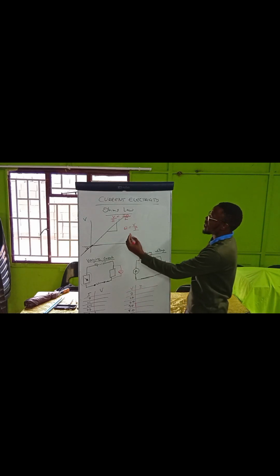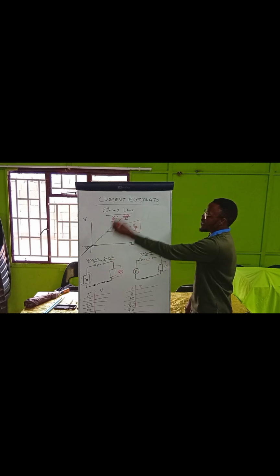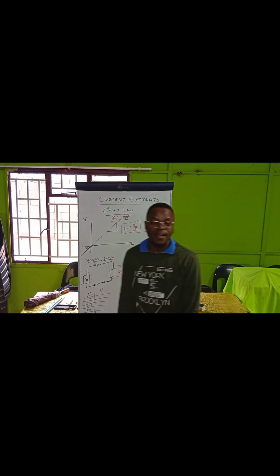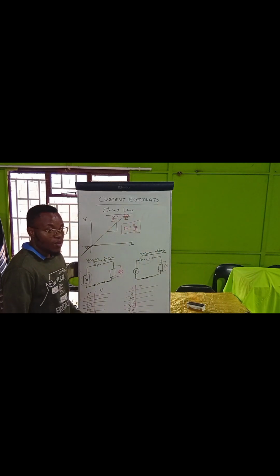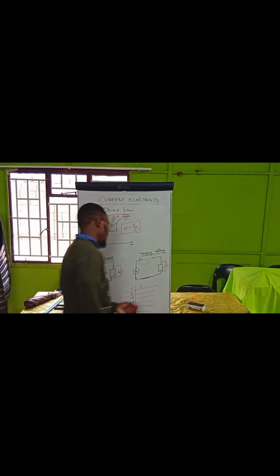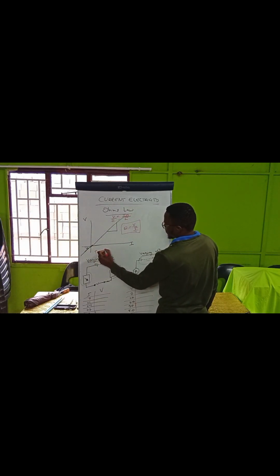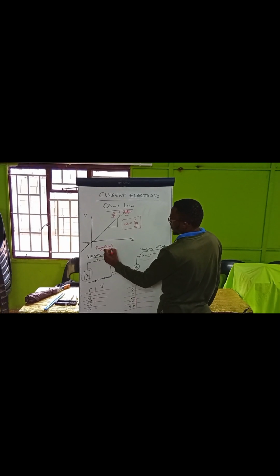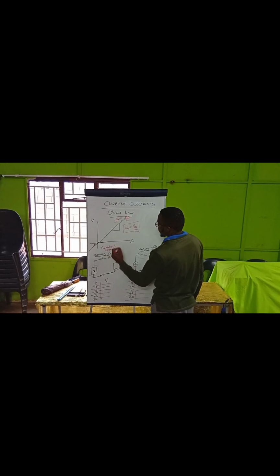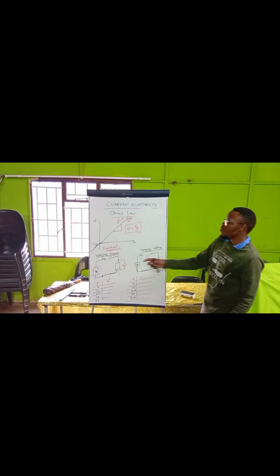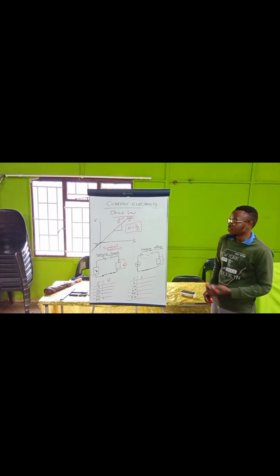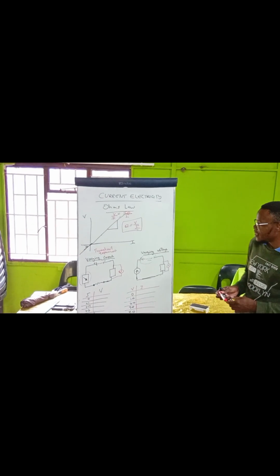So this is called the theoretical experiment for Ohm's law, in which case, when you find the gradient of the graph, it will give you the resistance.